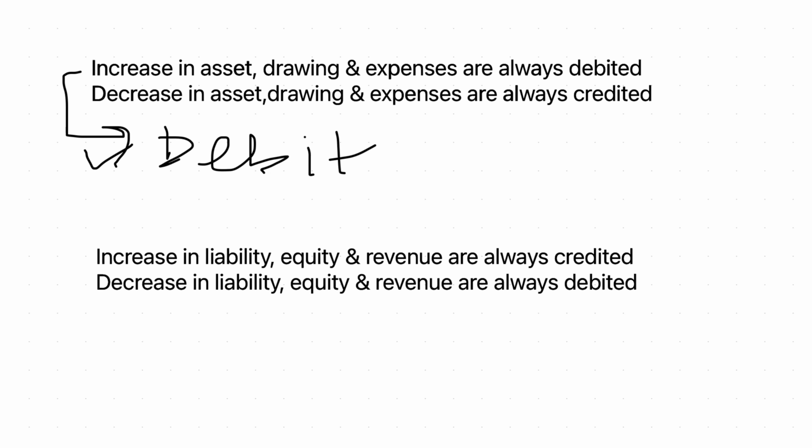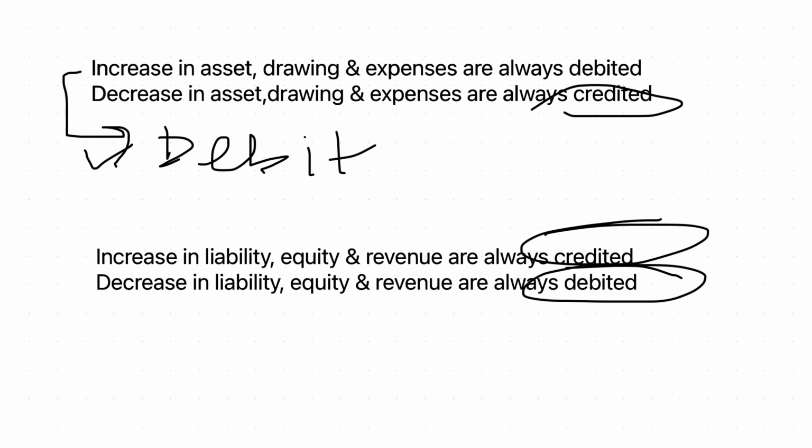Secondly, a decrease in the asset, drawing, and expense is always credited. A decrease on the debit side will be credited. On the other hand, an increase in liability, equity, and revenue, which is the credit side, will be credited. However, when there is a decrease on the credit side, it will be debited.